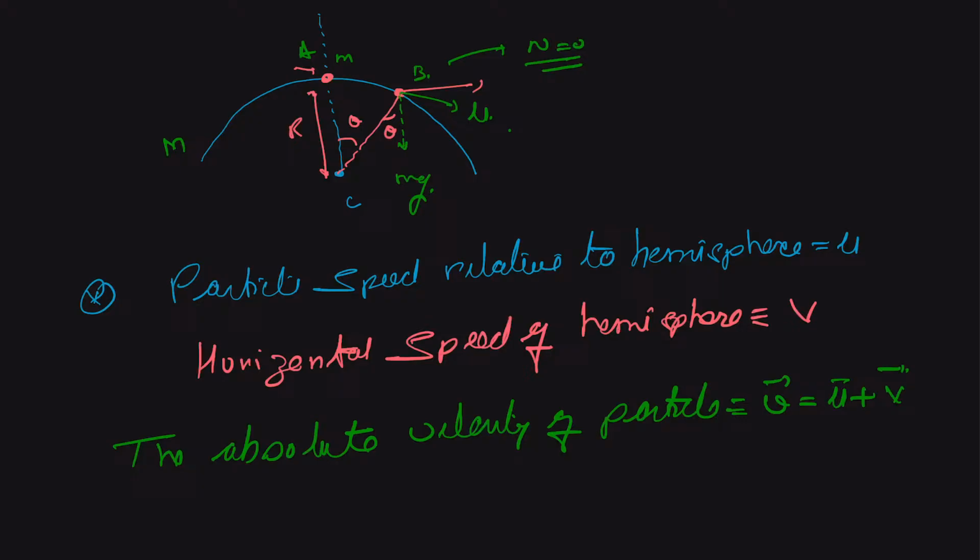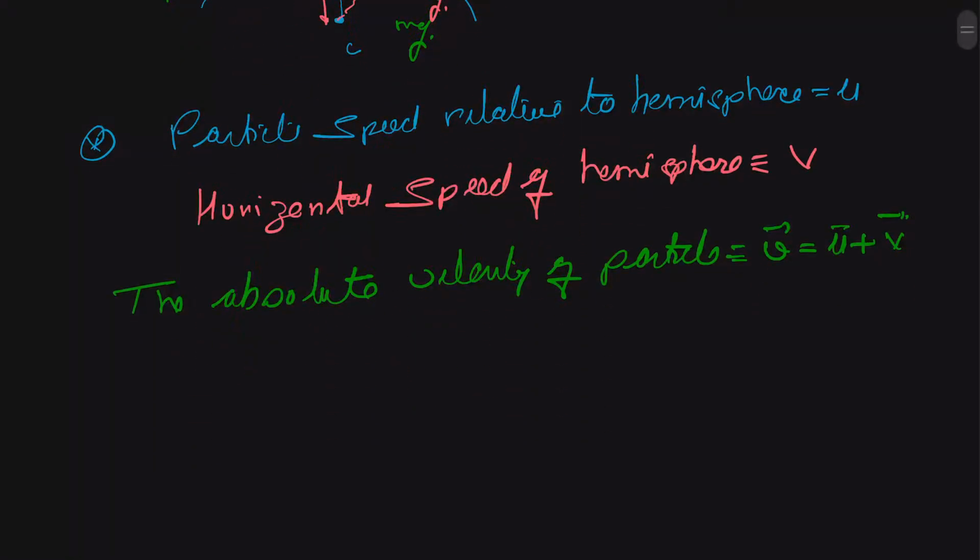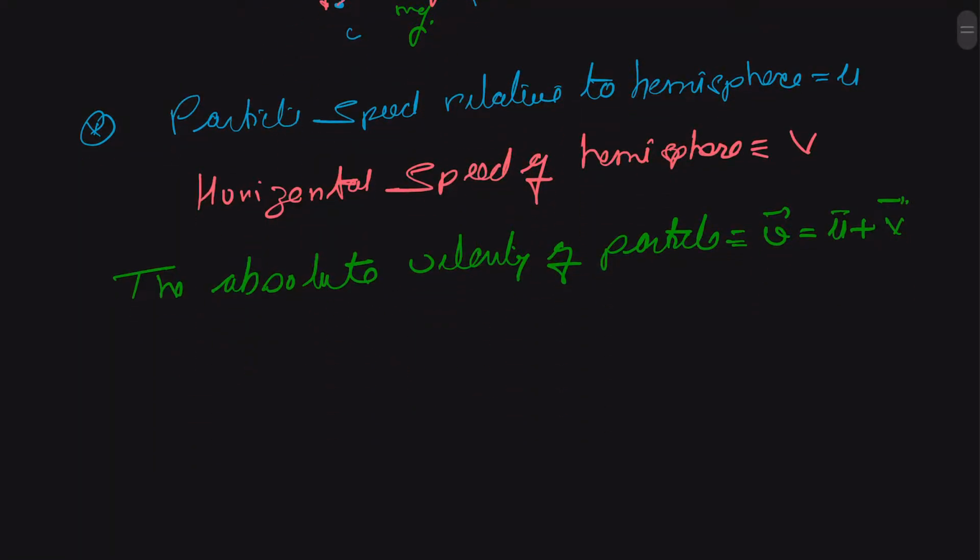So we are going to have two components: this will be u of x and this will be u of y in the downward direction. Therefore we can write, and let us use the horizontal momentum conservation.